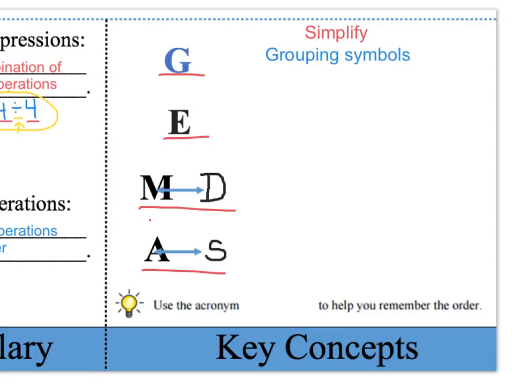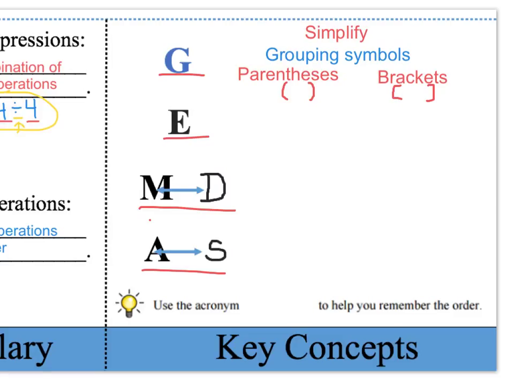So whenever you simplify a numerical expression, start with the G. The G means grouping symbols. This includes parentheses and brackets. So whenever you see a grouping symbol, go ahead and simplify the items in the grouping symbol first.